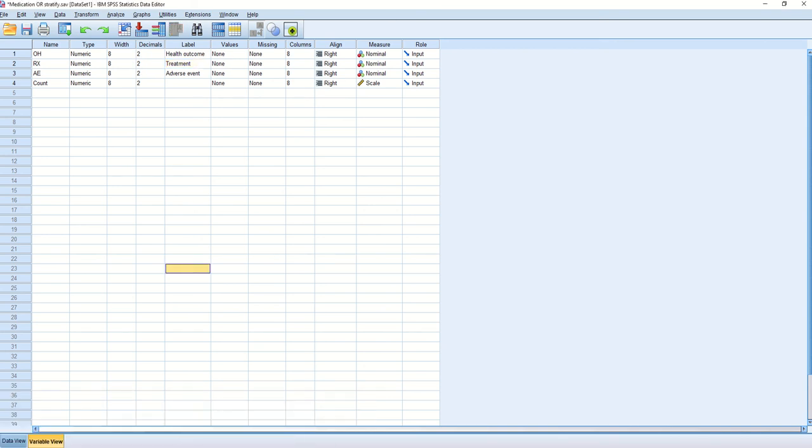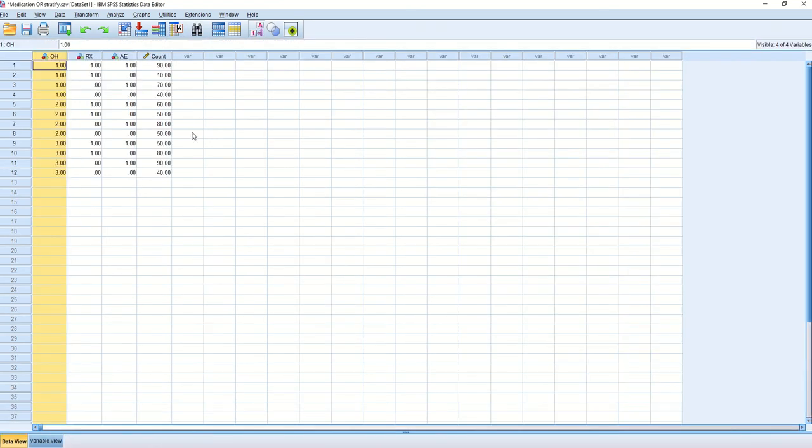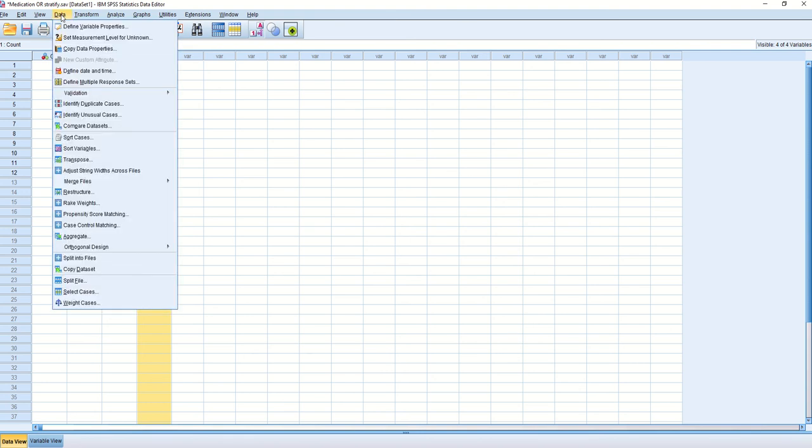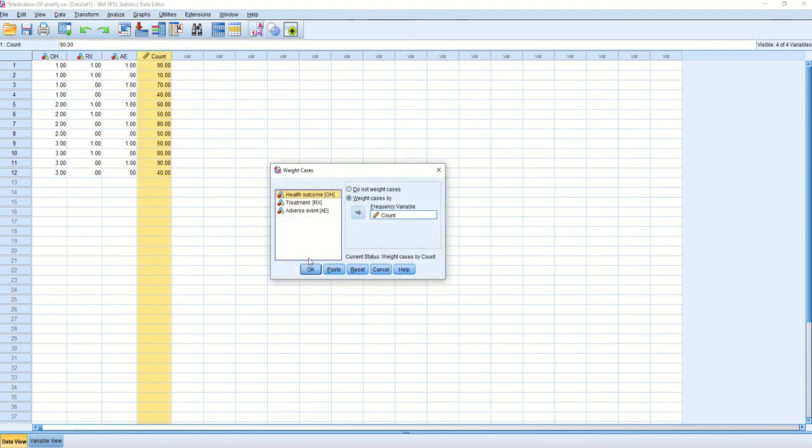All right, so let's work with this data. The setup, as I was saying, is three variables and the count. So first thing, let's make sure that it's weighted by the count. I already have done that previously, so if you haven't, please do.